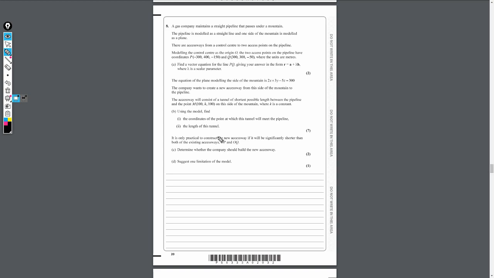There's a lot of rocks, different hill levels and stuff. So one limitation that I'd suggest is that the mountainside is unlikely to be completely flat.